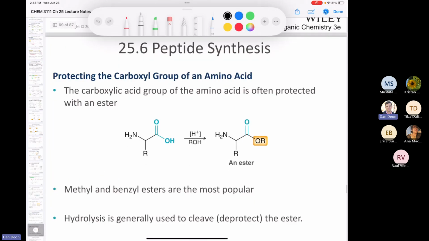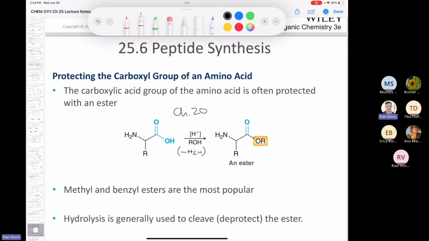All right. So what about protection for the carboxyl group? Okay, if we want to protect the carboxyl group, the way we're going to do that, I get some good news, is a reaction that we covered way back in chapter 20. Back in chapter 20, we talked about the synthesis of an ester by using a catalytic amount of acid and an alcohol, and removing water along the way, and that produces an ester.